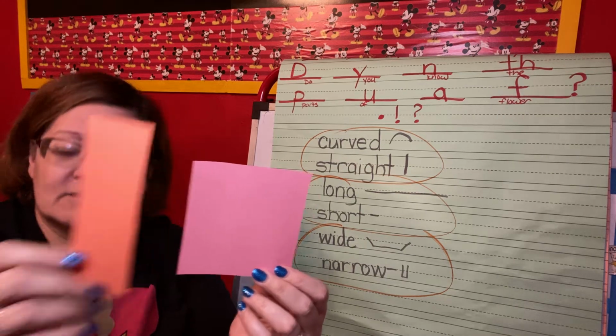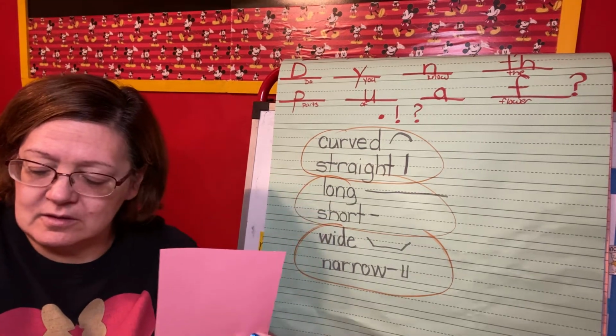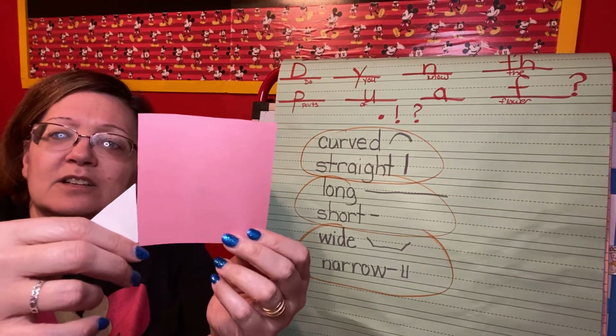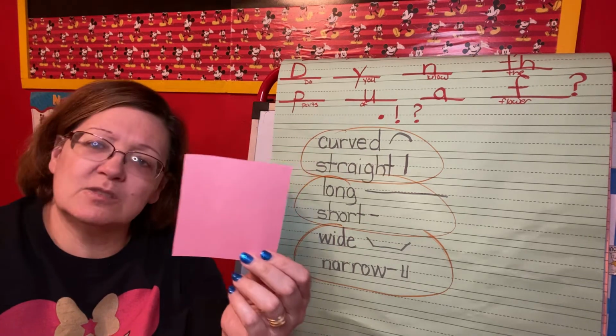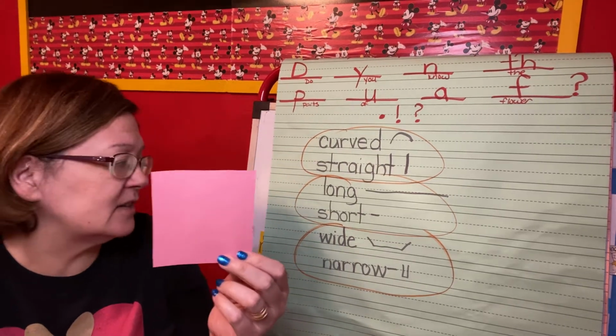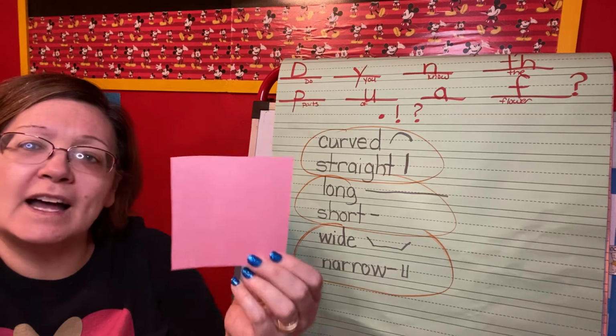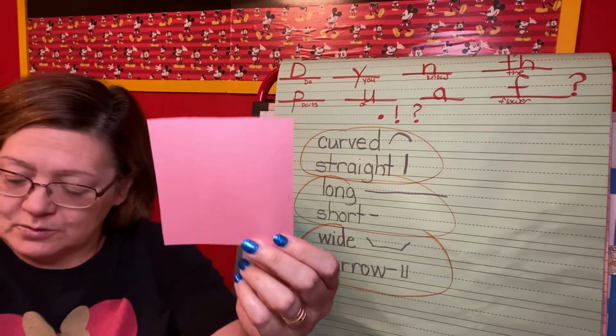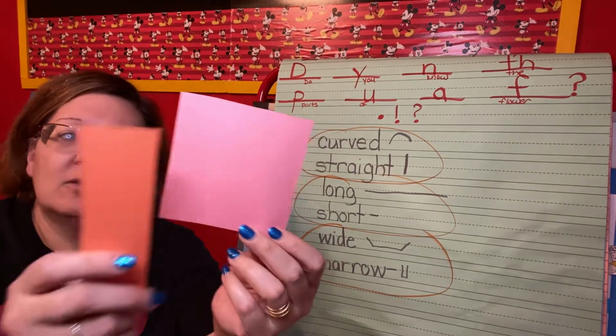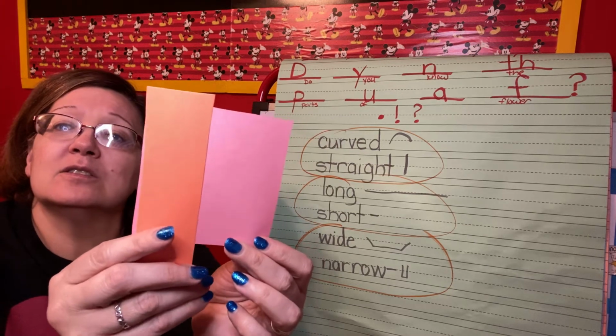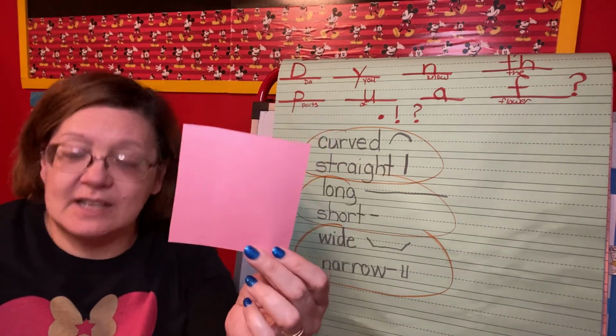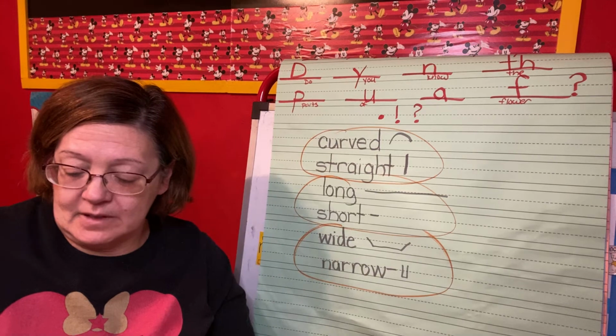No, not as long as the rectangle. Not as short as the little triangle. So it's kind of in between, isn't it? Yeah. Would you say it's wide or narrow? Is it narrow like the rectangle? No. So I would say it's wide. Okay.